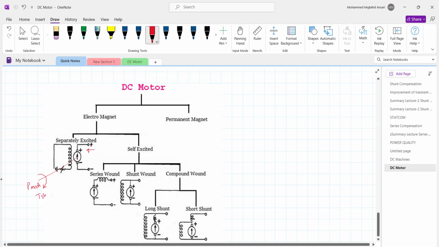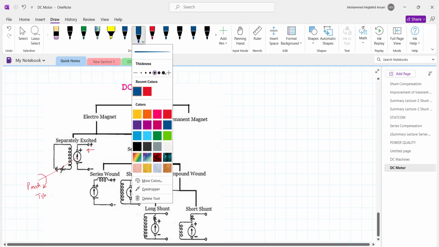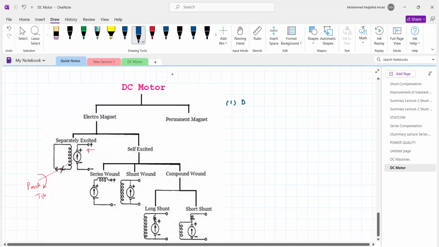Now in the case of self-excited, again there are the series motor, shunt motor and compound motor. First, for example, consider the DC series motor, with the series field winding and armature.